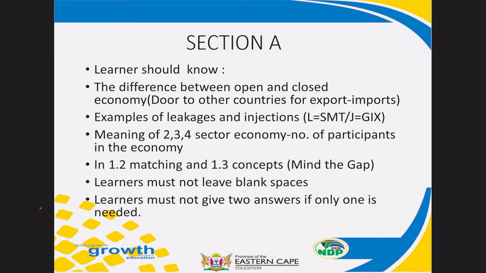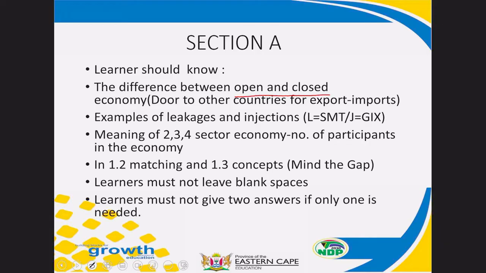Now there are things that learners should know when it comes to the circular flow. Now in section A, the learners should, number one, know the difference between two types of the economy. That is, there is open economy, there is closed economy. Now you must be able to differentiate between those.